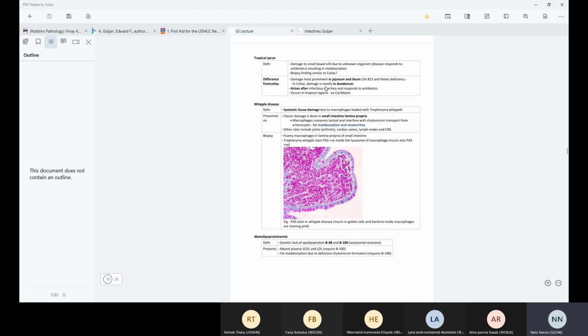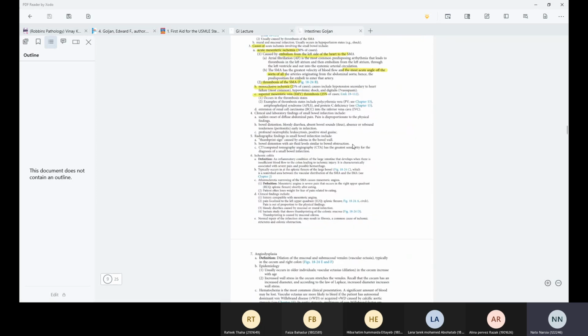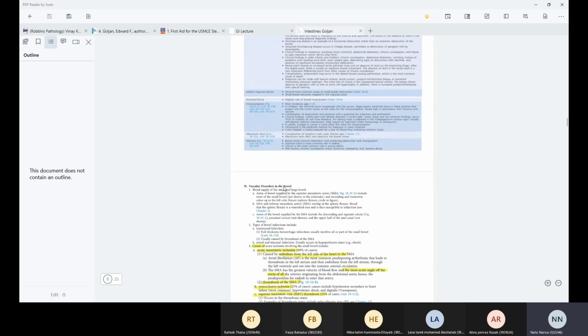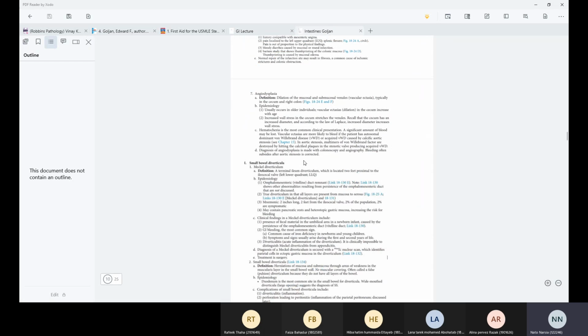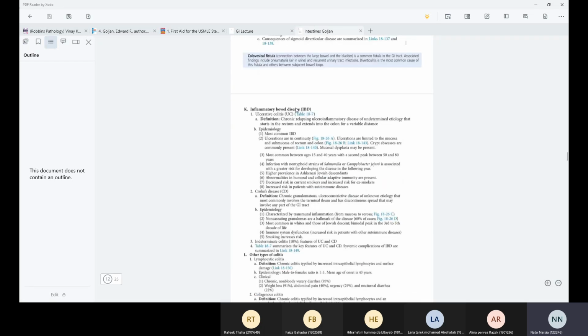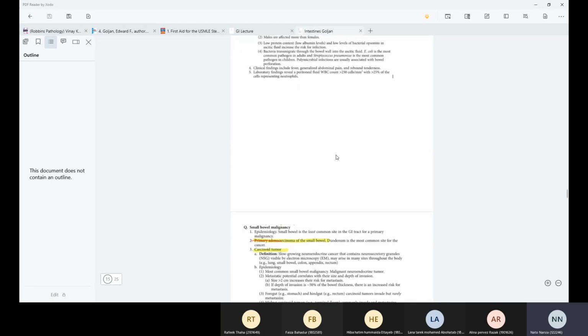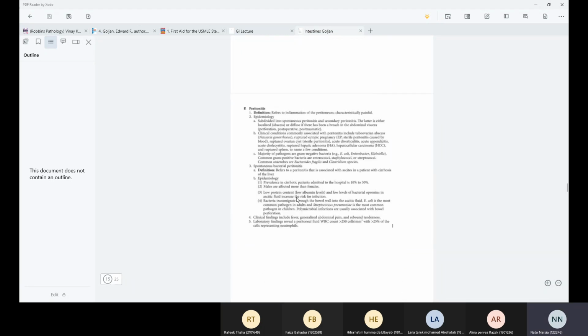So that is our lecture, guys. Prepare everything until this part: vascular disorders, small bowel diverticula, sigmoid diverticula, inflammatory bowel disease until here, until K, to read from Goljan. Then there are tumors, small bowel malignancy.